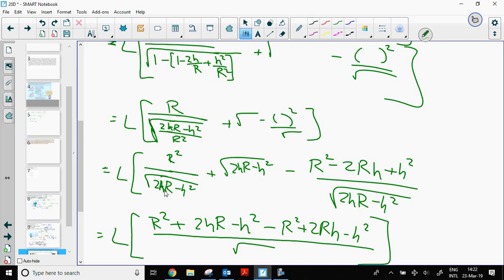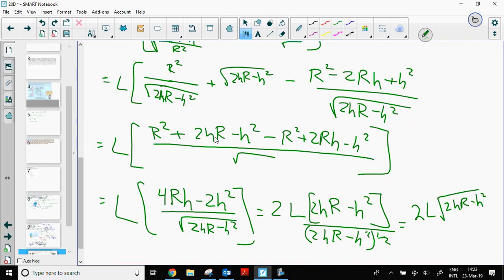Because now that has a denominator of 1. And that's cool, because now that matches the denominator from our last term. The middle term stayed the same, and I expanded the r minus h squared here in the numerator. Now we're going to give everything the common denominator, which is just the square root of 2hr minus h squared.